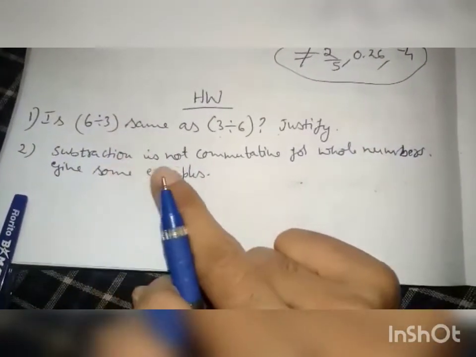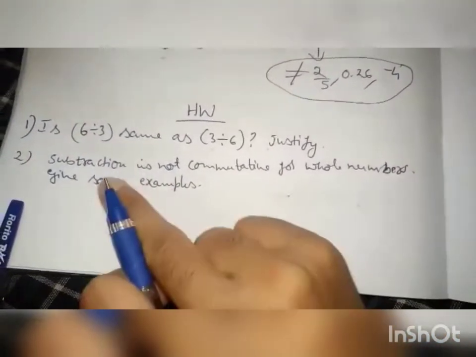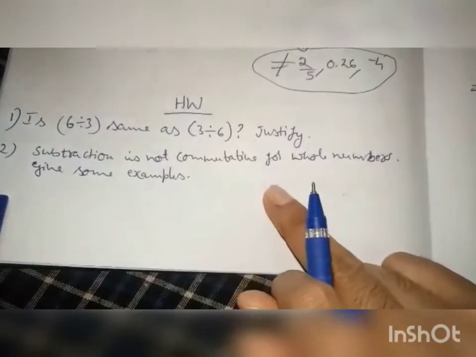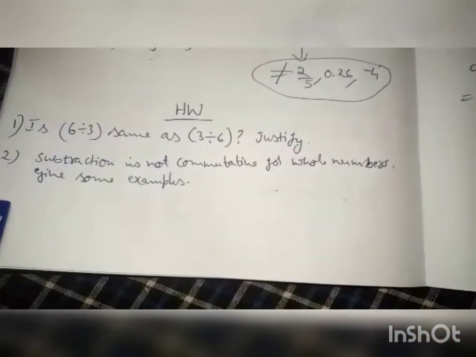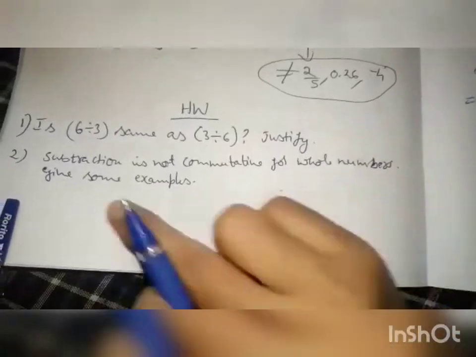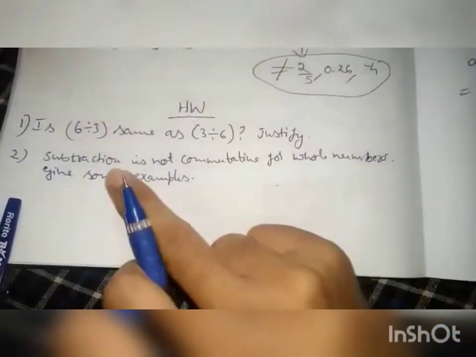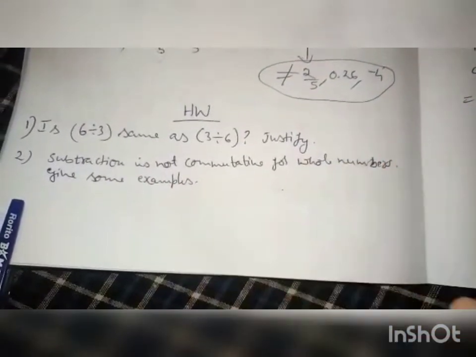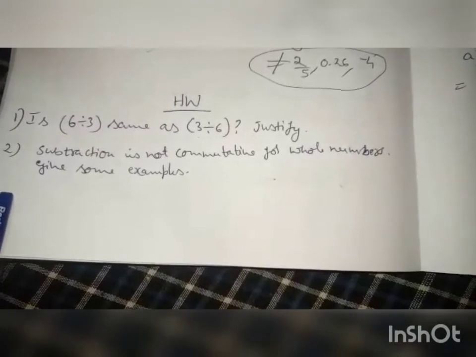Second question, subtraction is not commutative for whole numbers. I have told you, right? Subtraction does not hold for commutative in whole numbers. So that only they have mentioned. Subtraction is not commutative for whole numbers. Give some examples. For this you have to give some examples and show that subtraction is not commutative.